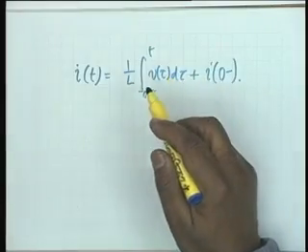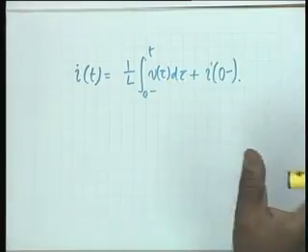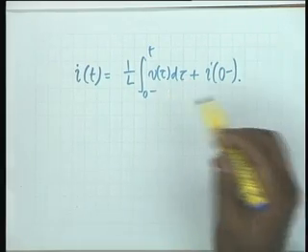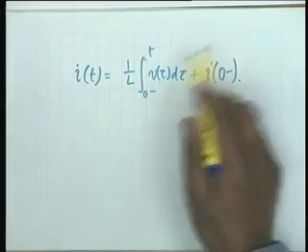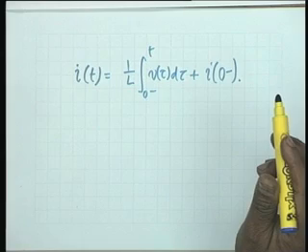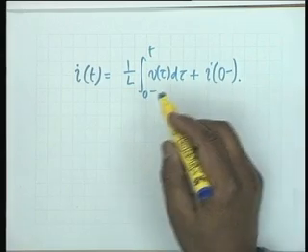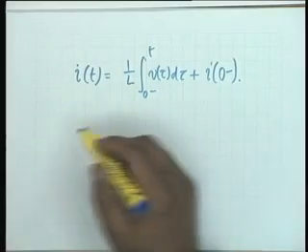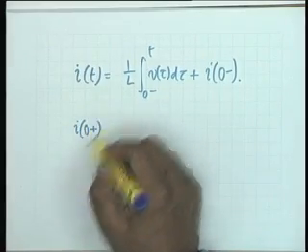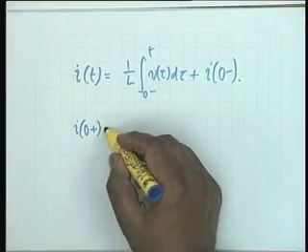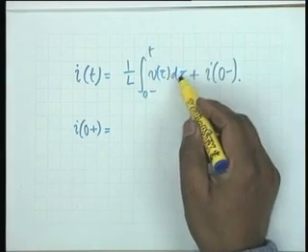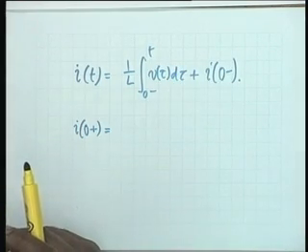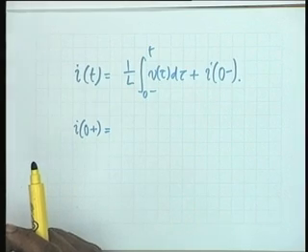The problem is if v of t contains an impulse, then things are quite different. If v of t does not contain an impulse, that is, v of 0 minus is the same as v of 0 plus, then i of 0 plus would be equal to i of 0 minus plus the integral from 0 minus to 0 plus of v tau d tau, and that would be 0 if v of t does not contain an impulse.